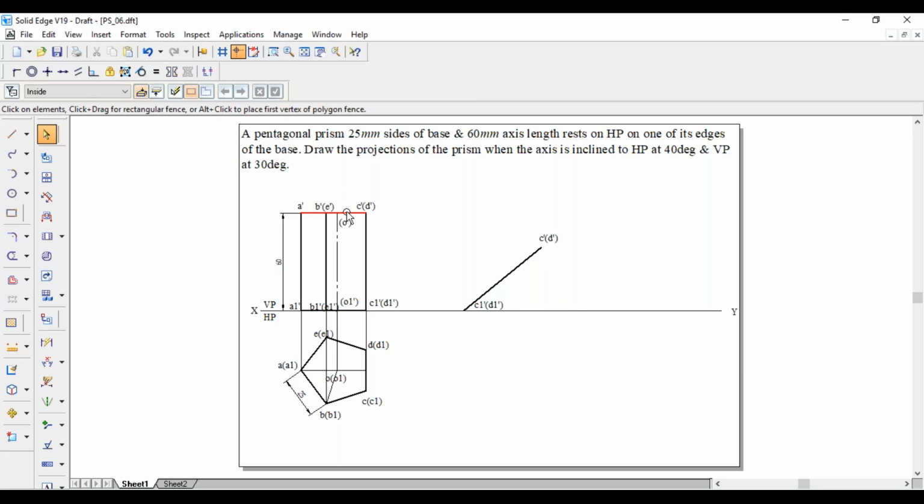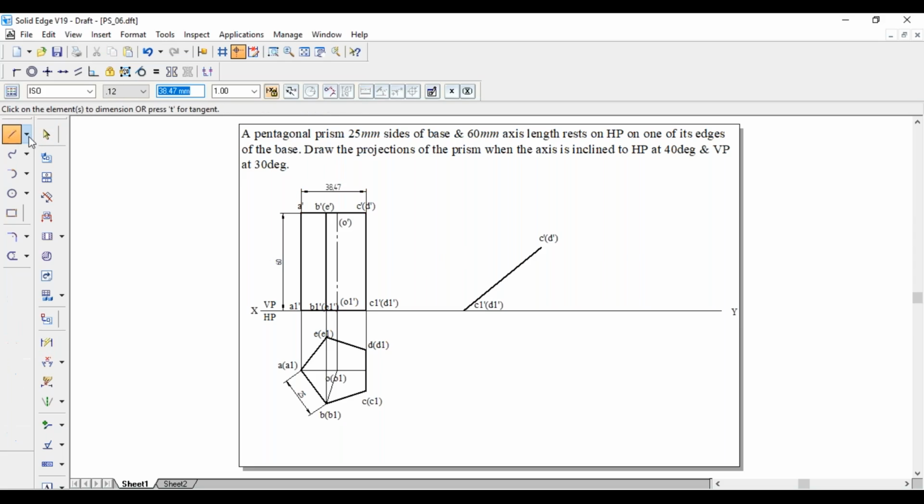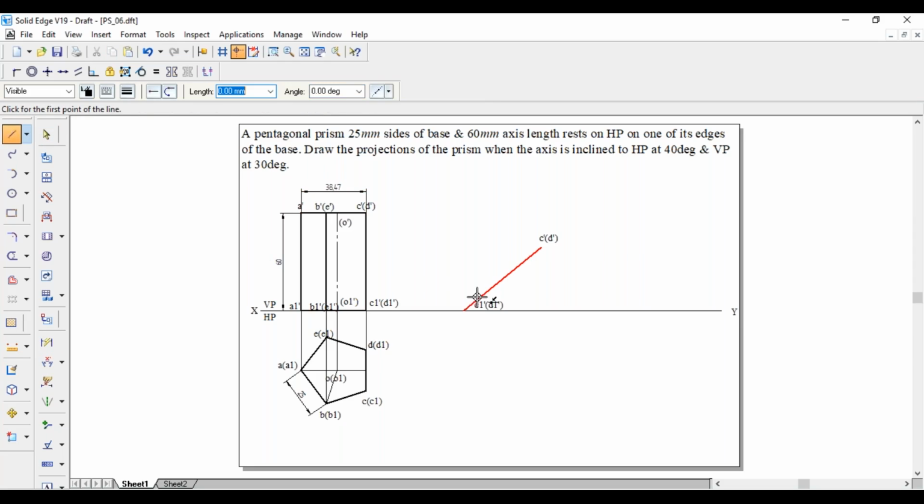Next, these two lines are perpendicular to C dash, C1 dash. So the length of those lines are 38.47 mm. Now from C1 dash, draw a line perpendicular to this C dash C1 dash for a length of 38.47 mm.